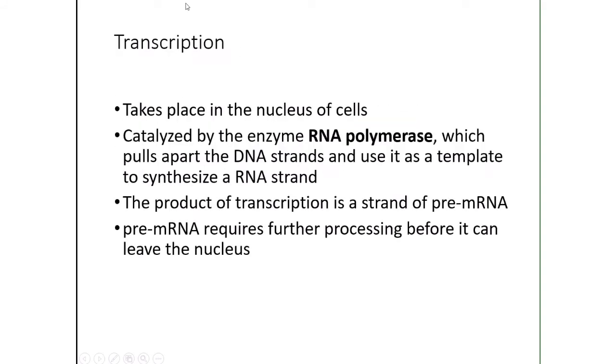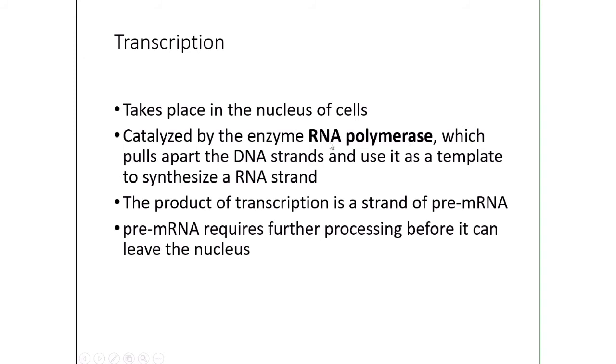So the actual process of transcription takes place in the nucleus of the cell, and the enzyme that's responsible for doing it is called RNA polymerase. It's not surprising because we are building RNA, so we would need an RNA polymerase, an enzyme that would help you polymerize RNA, basically.